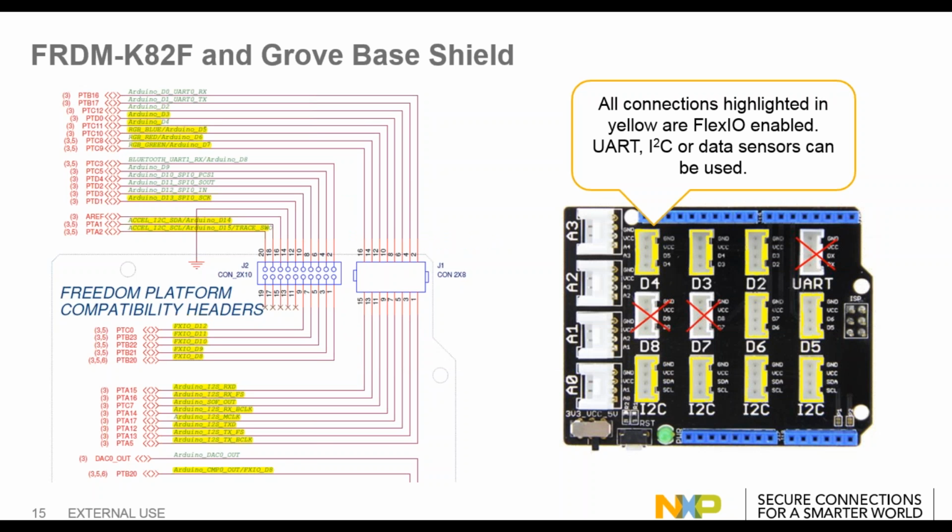If you look at the Grove Shield baseboard, all the connections highlighted in yellow are FlexIO enabled. And so I2C, these all share the same I2C lines because I2C is a multi-drop bus. And so all of those are supported with FlexIO.